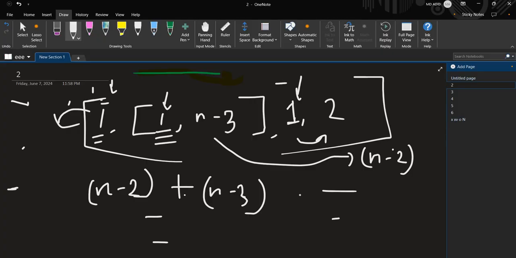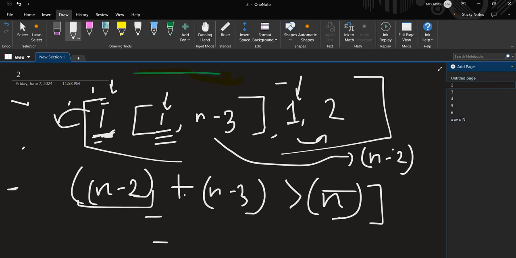Okay, so you see, for this final pattern, I'm getting this amount of subsequences. For this one, I'm getting this amount of subsequences.